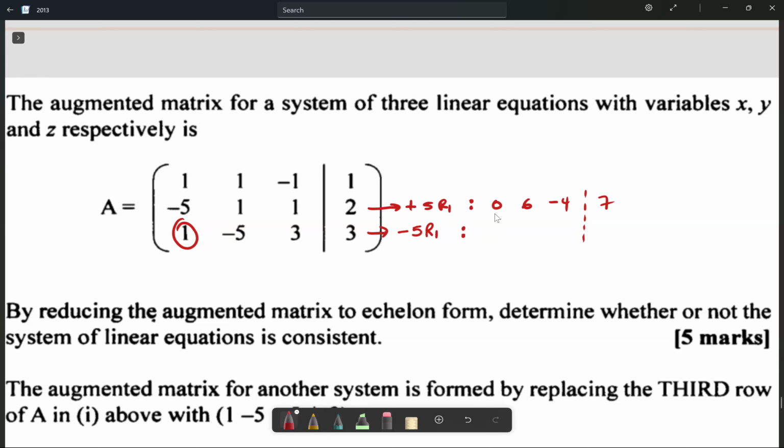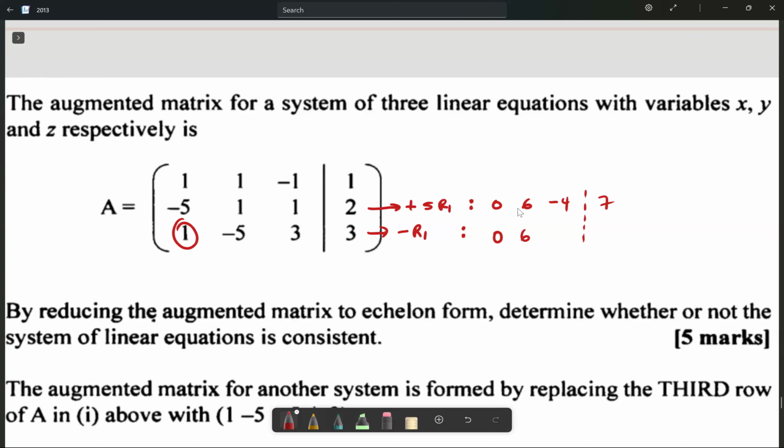Nope, that's not the correct thing. We want to remove this. That means we just want to subtract R1 from it. So this becomes 0. That 1 there now becomes 1 minus -5, which is 6.